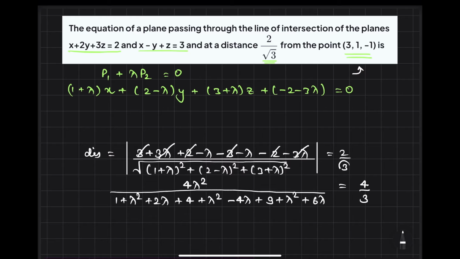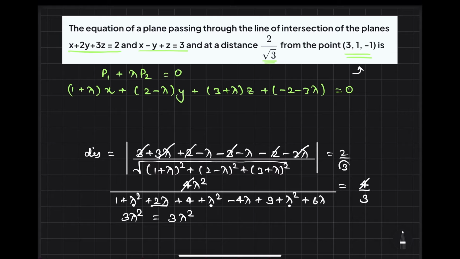Okay, so this is the idea. Now you can simplify things. So this thing gone. Now do the cross multiplication. We have 3 lambda square on the left hand side and everything on the right hand side. Lambda square, lambda square, lambda square, 3 lambda square.